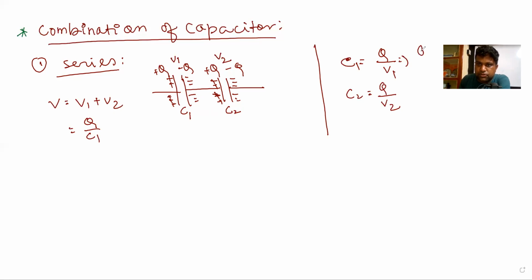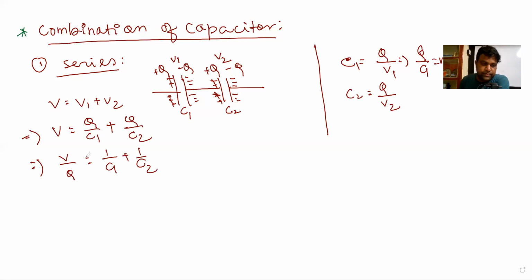So Q by C1 is your V1, and similarly V2 will be Q by C2. So this is your V. If I take Q common, it will be V by Q, which will be 1 by C1 plus 1 by C2.